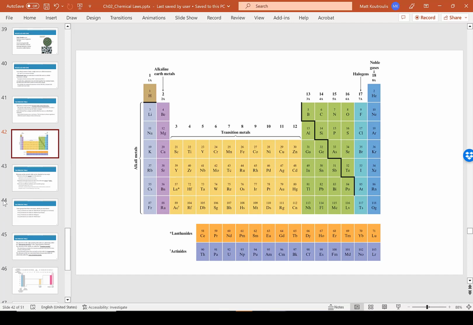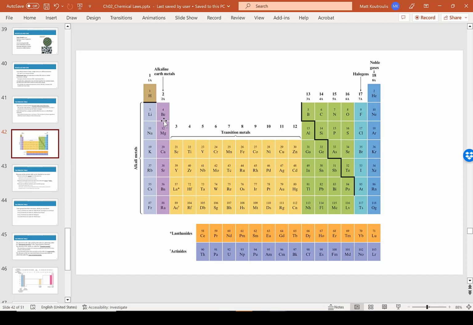Does it tell you anything about electron configurations? Does that sound familiar? Electron configurations were 1s2, 2s2, 2p6. What does it tell you about electron configurations? Well, all the elements over here, what do we know on the periodic table?